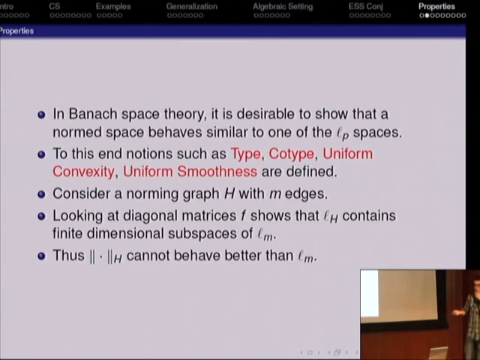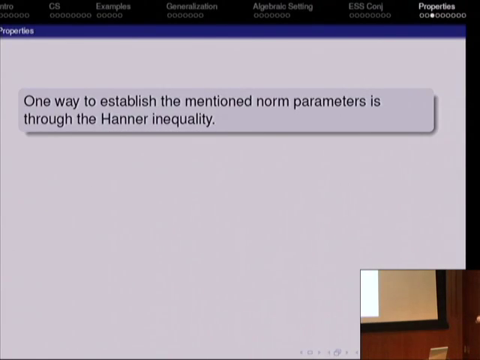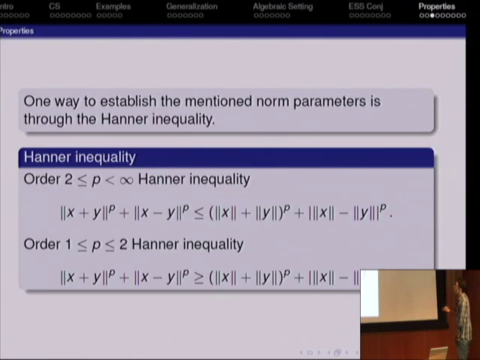Okay, but does it behave worse, or can we show that it has the same convexity, say, as the Lm space? And the strongest way to establish such things that I know is through the Hanner inequality. This is a very neat inequality. So a normed space satisfies the p-Hanner inequality, where p is at least 2, if this inequality holds.